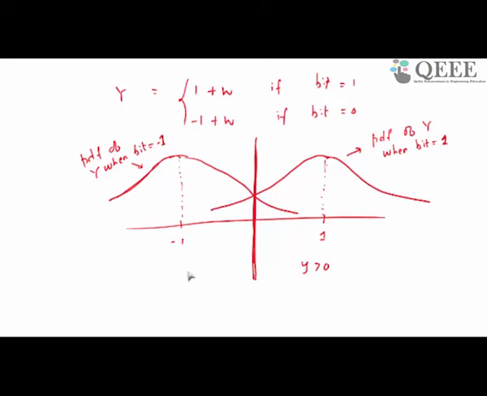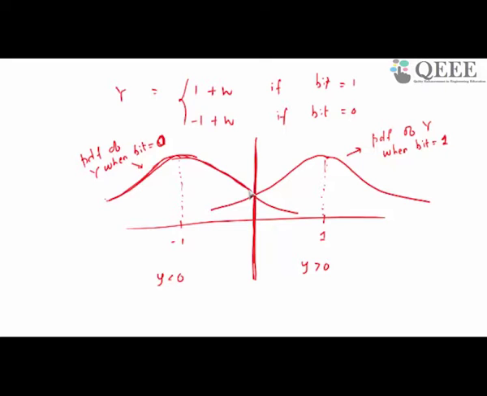On the other hand, when y is less than 0, bit equal to 0 has higher PDF. So essentially this is a nice simple criterion.